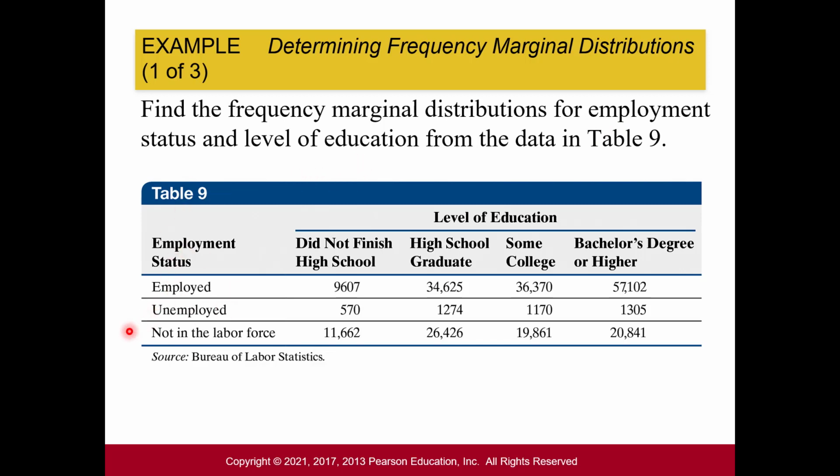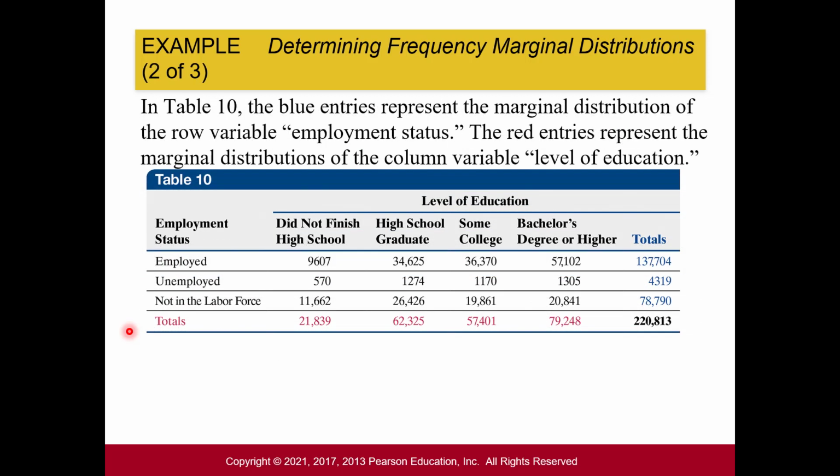Okay, so here was our table, and what we're going to do is take some totals. The blue entries in this column represent the marginal distribution of the row variable, employment status. It's just the totals from the employment statuses: employed, unemployed, or not in the labor force. The red entries represent the marginal distribution of the column variable, level of education.